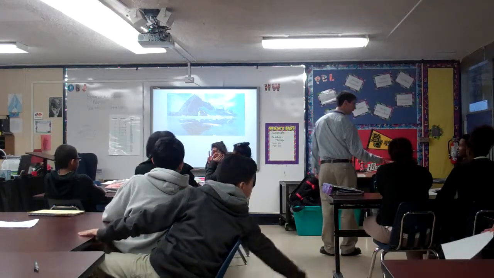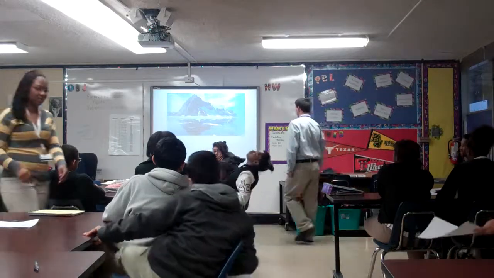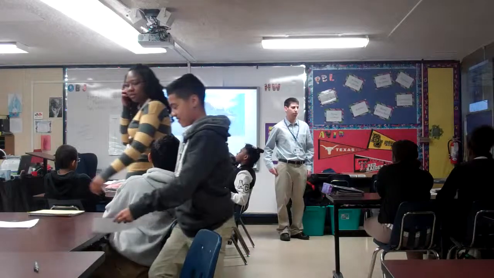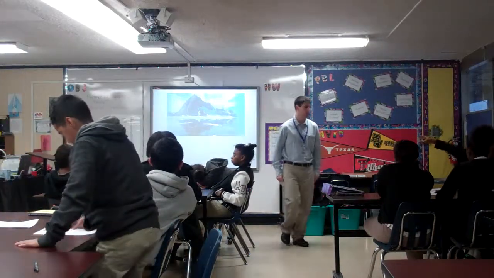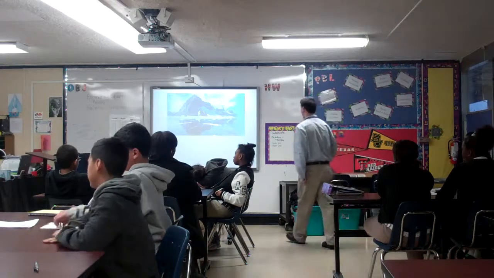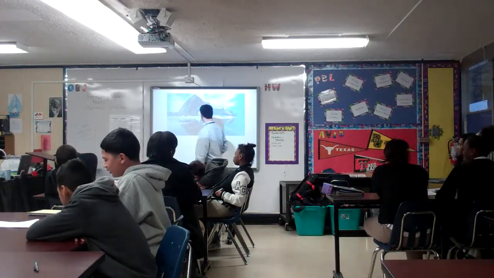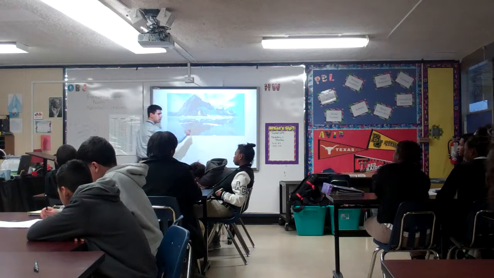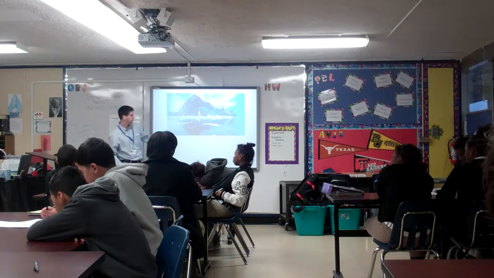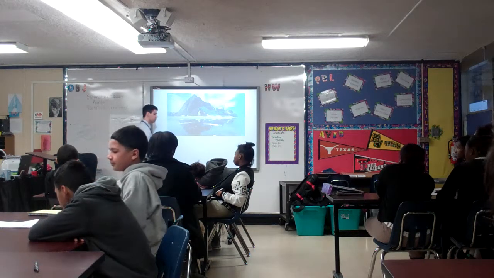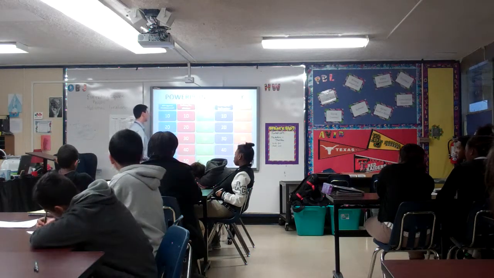You think it's a reflection? Why do you think it's a reflection? You have to explain why. They say it's a reflection because the mountain up here is reflected over the water. Does everyone see that? Right, he is right. 10 points to group 1.